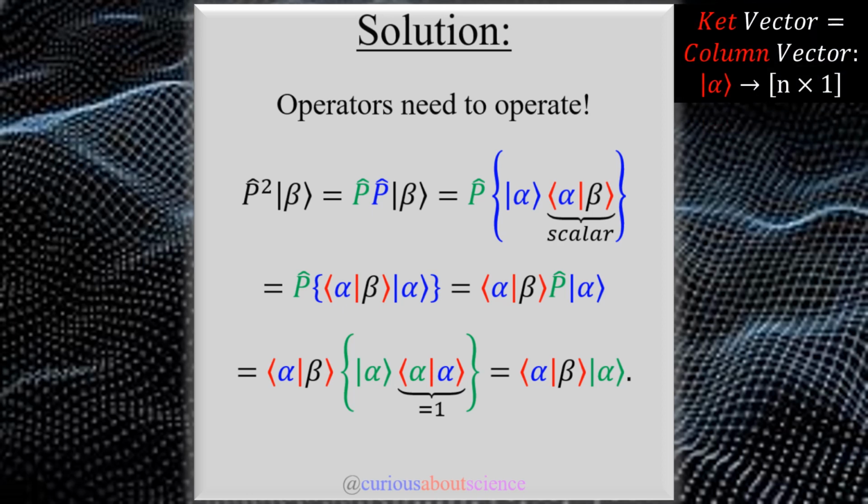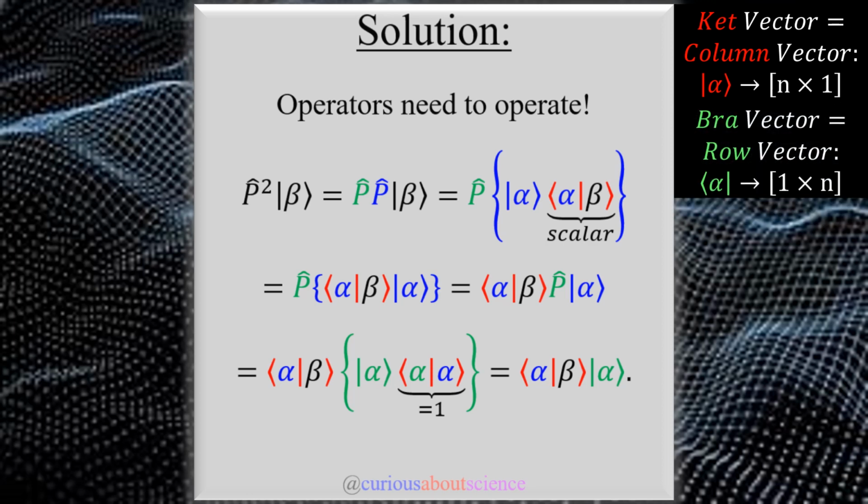Here, if we recall, the ket vector from the last part is just equal to a column vector with n entries in one column. So we say that its dimension is n by 1. Okay? So if I have a ket vector and, with the inner product definition, the bra vector has to be a row vector. We saw that in the definitions.